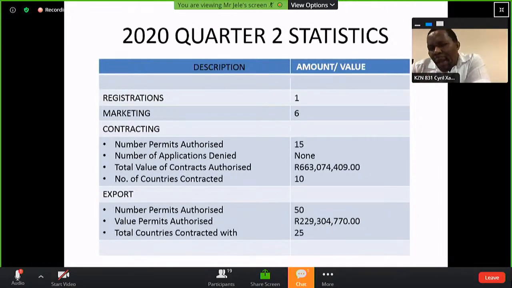Yes, I've been waiting for you to comment on this one, Mr. Jelly, because he says we can see the permits, but we never get to see the actuals, what was actually delivered from the permit, from the contracts.